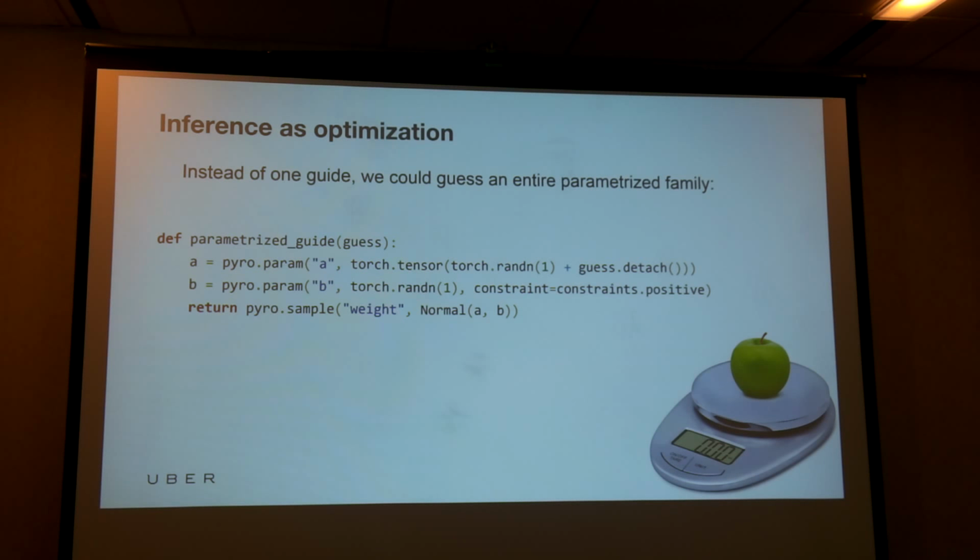So here, because this parameter b is the standard deviation of a normal distribution, it has to be positive. So we're going to use a positivity constraint to force it to be positive.